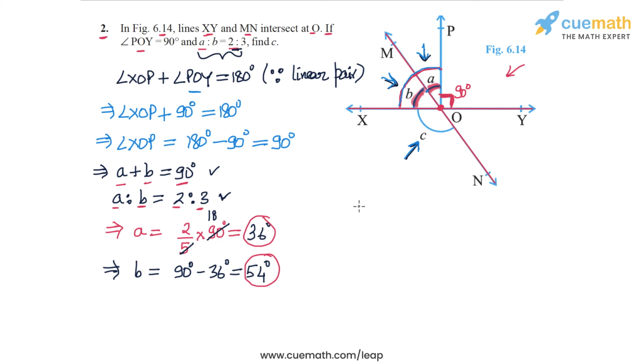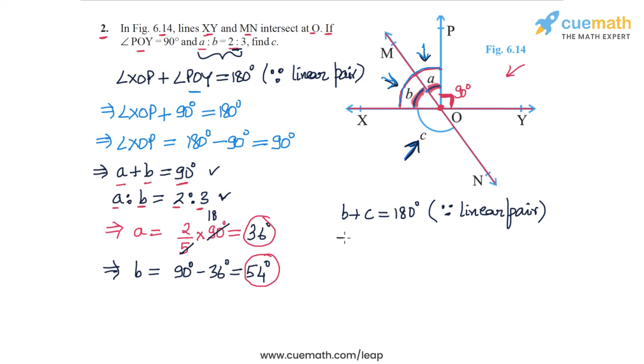Now finally we can find the measure of angle C, because B plus C must be equal to 180 degrees, because these two angles are a linear pair of angles, because both of them are on the line MN.